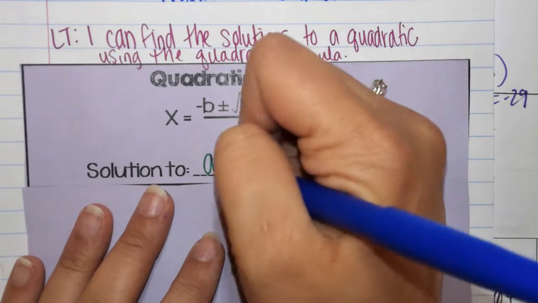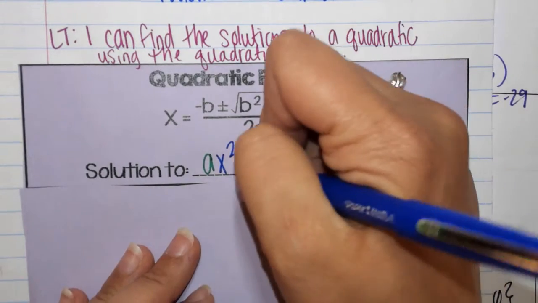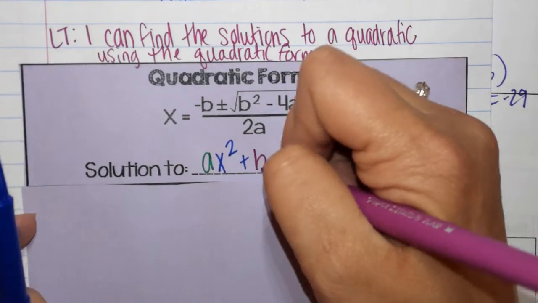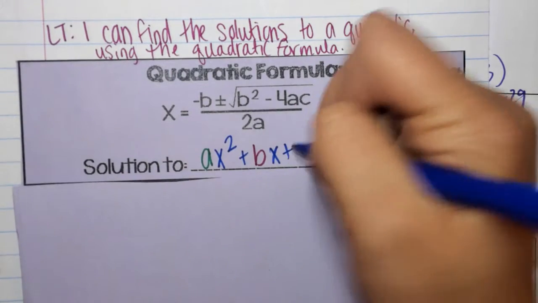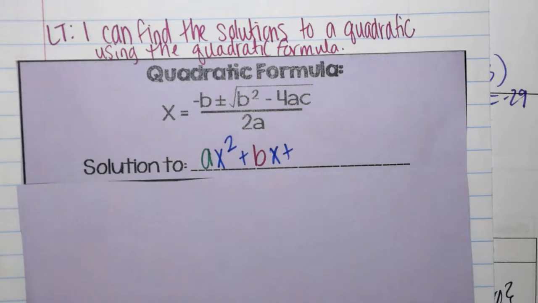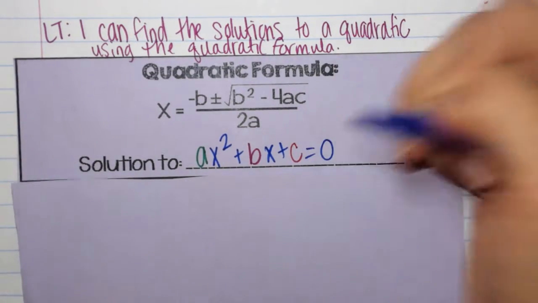Alright, so these are the solutions to ax squared plus bx plus c equals 0.